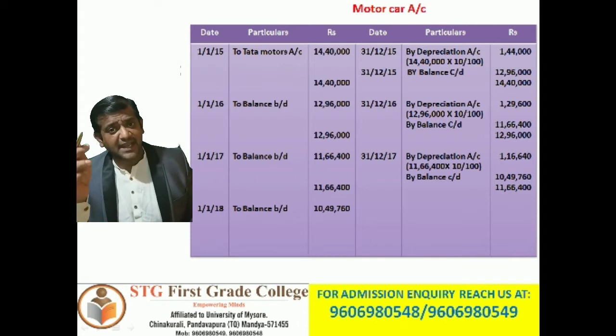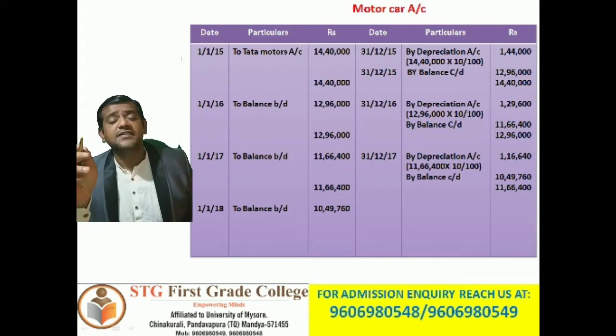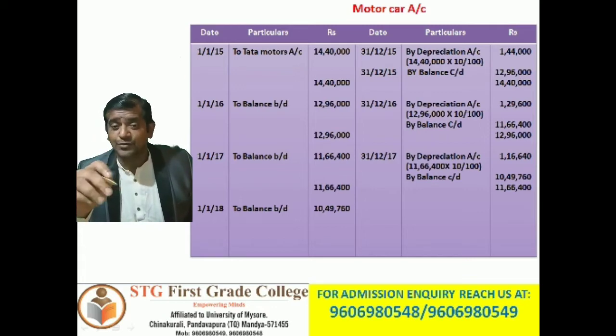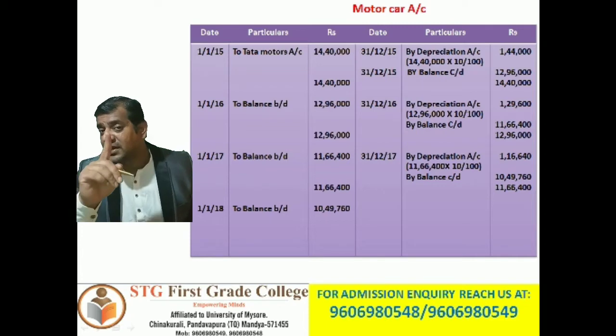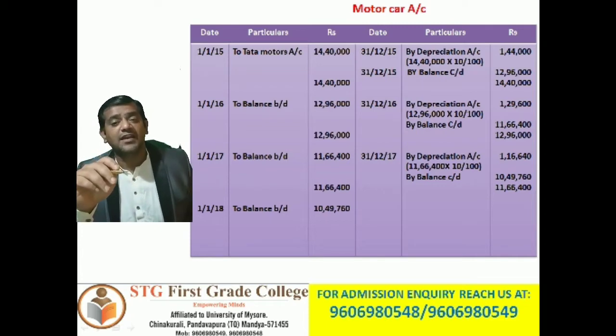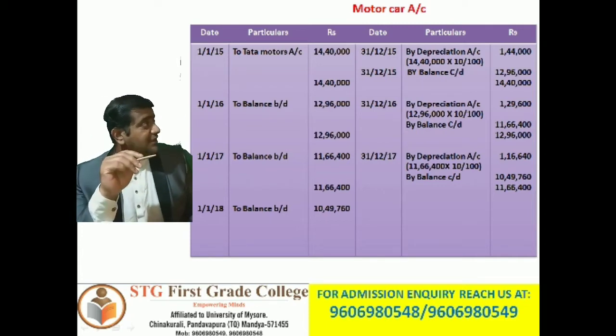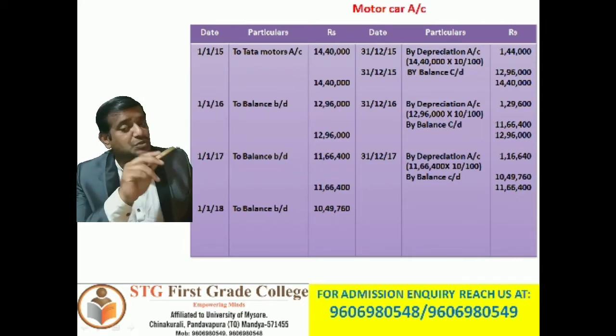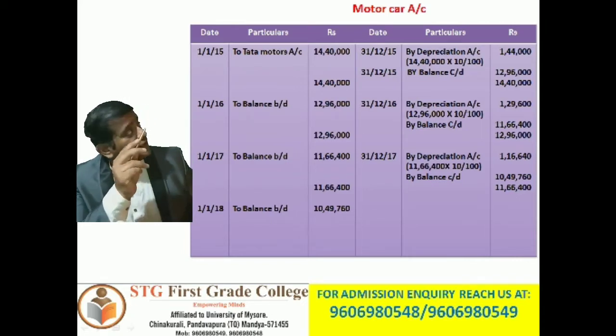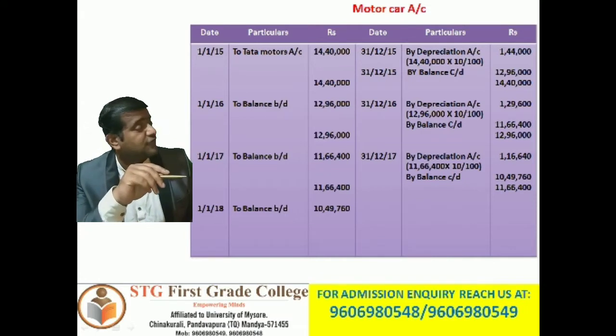So now go to the credit column. On the credit side, in the date column, 31st/12/2015, that is the year end. 31st/12/2015, by depreciation account, open the bracket, 14,40,000 into, what is the rate of depreciation? 10%. So 10 divided by 100. That is what I have done in the working note there. So in brackets 14,40,000 into 10 divided by 100, that comes to 1,44,000 rupees.